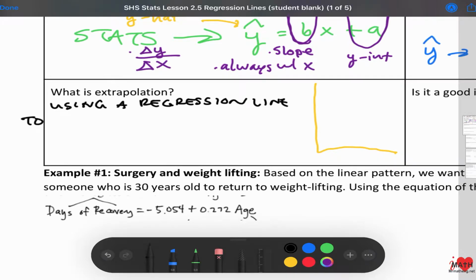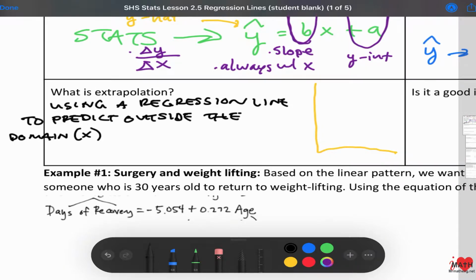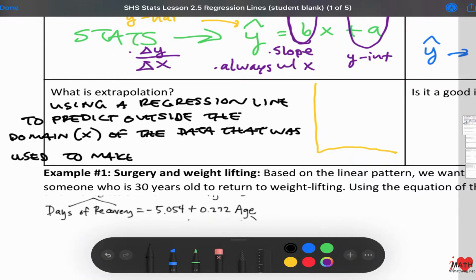To predict outside the domain. Domain refers to the x value or the x-axis of the data that was used to make the regression line.